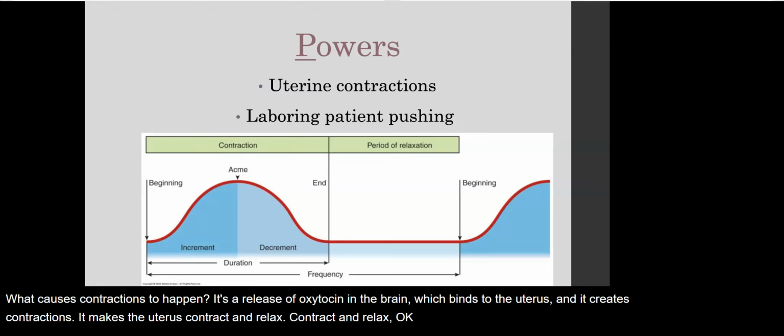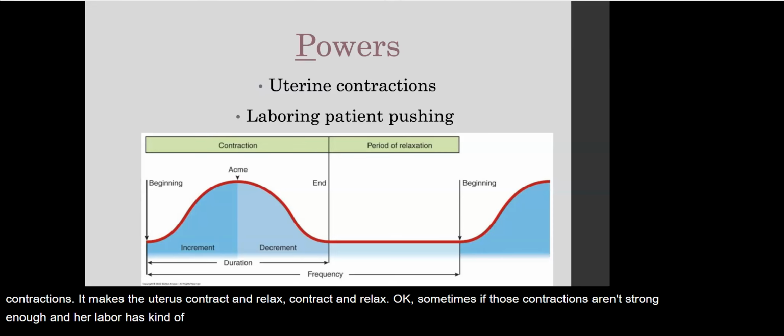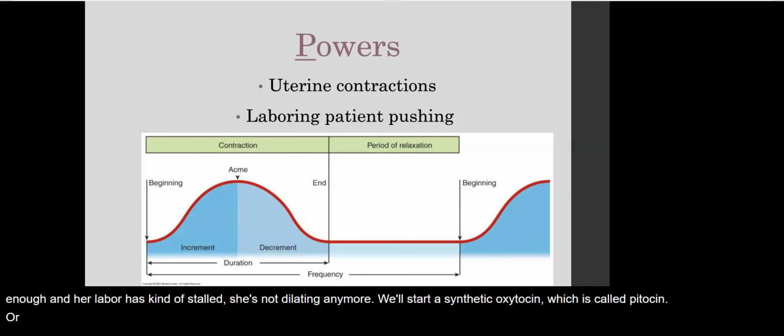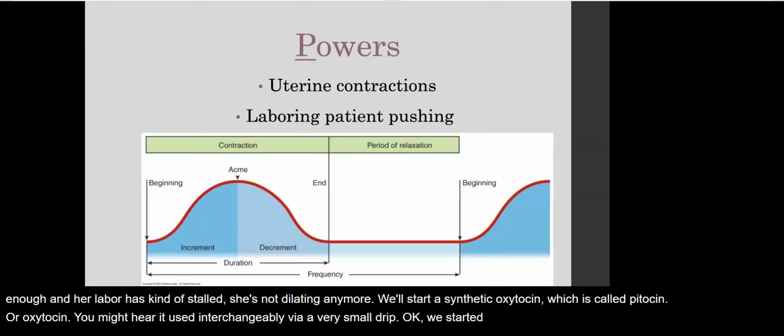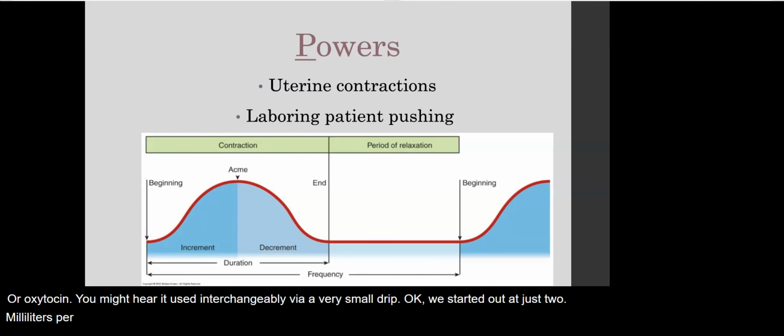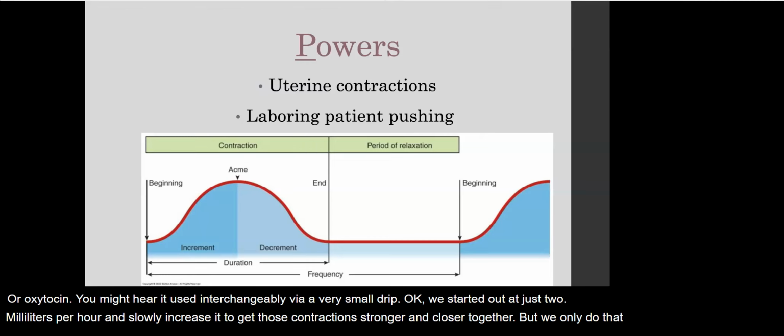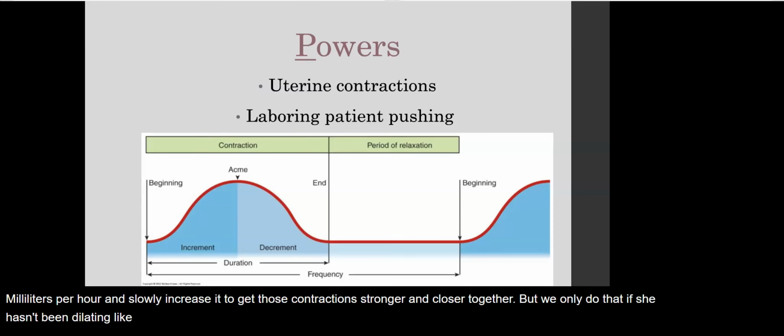Sometimes if those contractions aren't strong enough and her labor has kind of stalled, she's not dilating anymore, we'll start a synthetic oxytocin, which is called Pitocin, or oxytocin. You might hear it used interchangeably via a very small drip. Okay, we start out at just 2 milliliters per hour and slowly increase it to get those contractions stronger and closer together. But we only do that if she hasn't been dilating like we would expect her to.